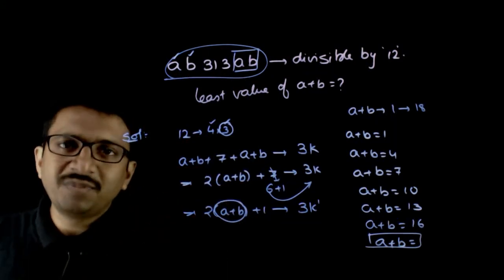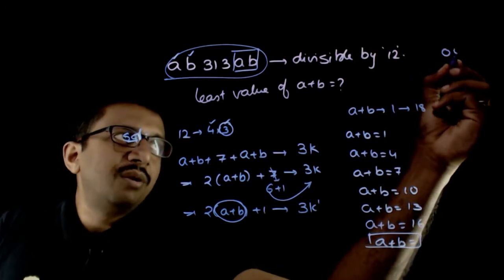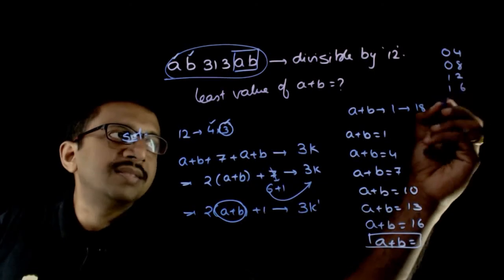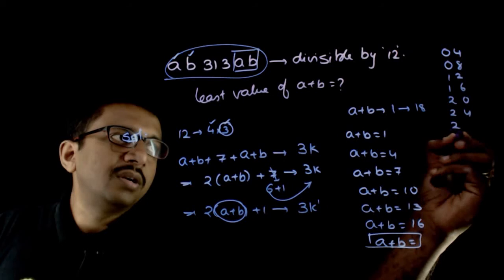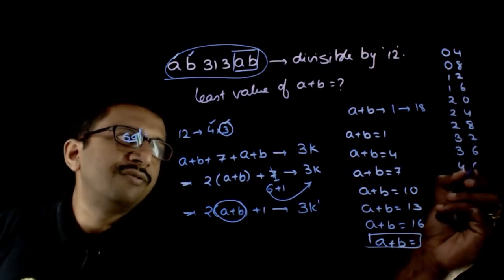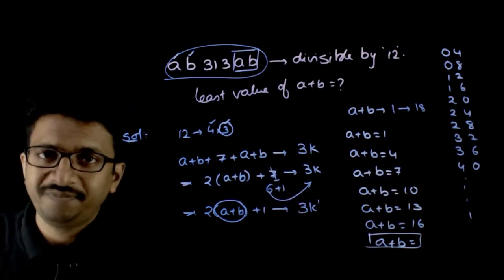So let us skip 00. After that you have 04, 08, 12, 16, 20, 24, 28, 32, 36, 40 and so on. These are the numbers possible for AB.